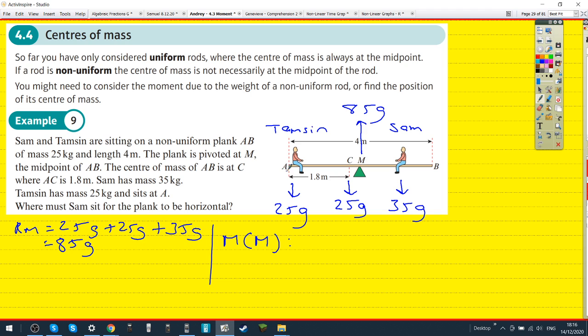So what's force times distance for the two forces to the left? Will it be 25 times 1.8? Distance from M, not distance from A. Also 2 times 25? So 2 times 25G. Go on.